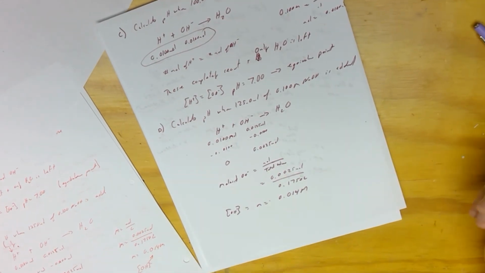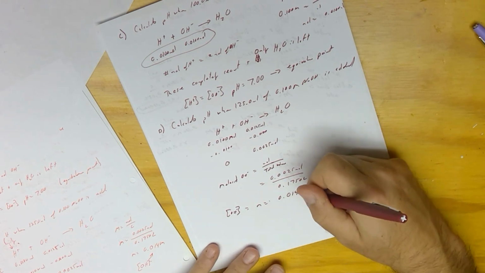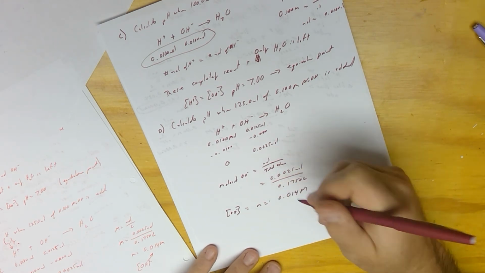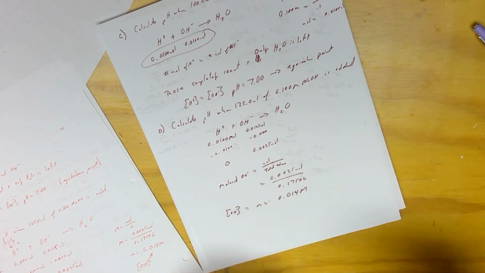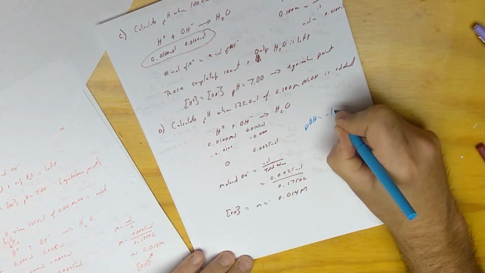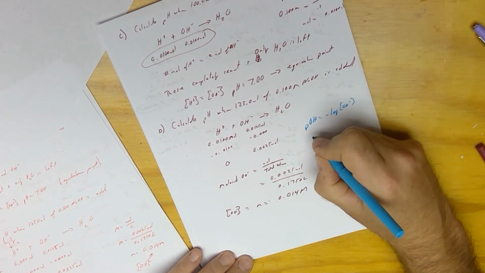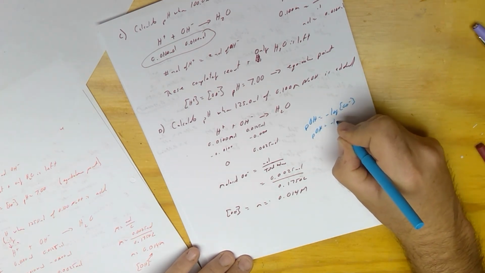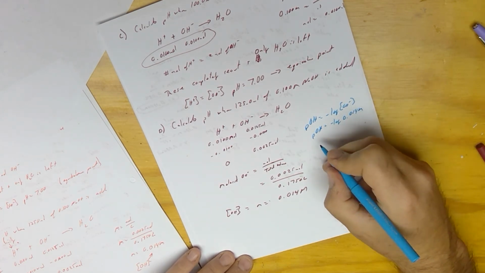Well, now that I know the concentration of OH minus, we can do a couple things. We could calculate the concentration of H+, we could calculate pOH and then convert to pH. Right, so there's a lot of different ways that we can do it. So I'm going to just do it this way. Our pOH is equal to negative log of the concentration of OH minus. So pOH equals negative log of 0.014 molar.